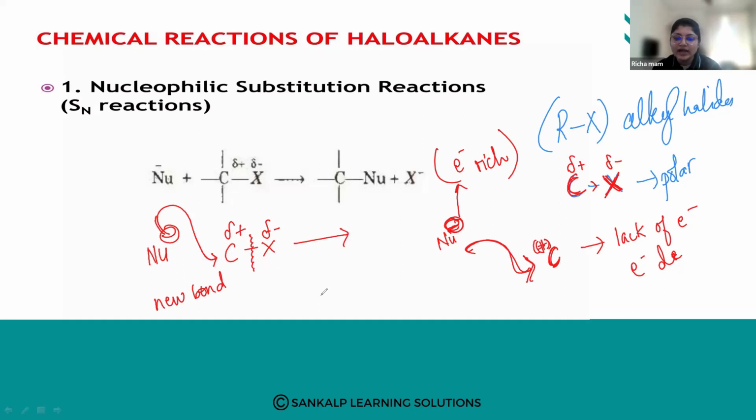So what will be the reaction? The nucleophile will attack the carbon, plus X minus. As you know, carbon can have 4 hands, so carbon can bond with 4 other atoms. Like this will be the reaction. Is it clear? So this is a nucleophilic substitution. Substitution means the replacement of one atom by another.